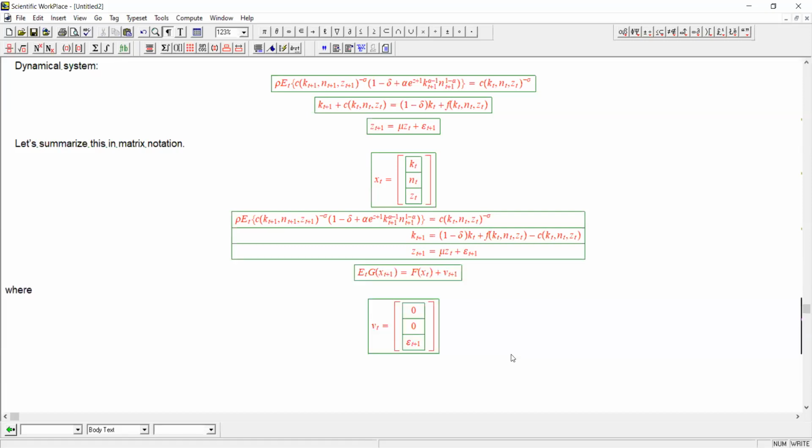The next thing we need to do is to remember that if there were no uncertainty here, then this model is going to converge to a steady state.